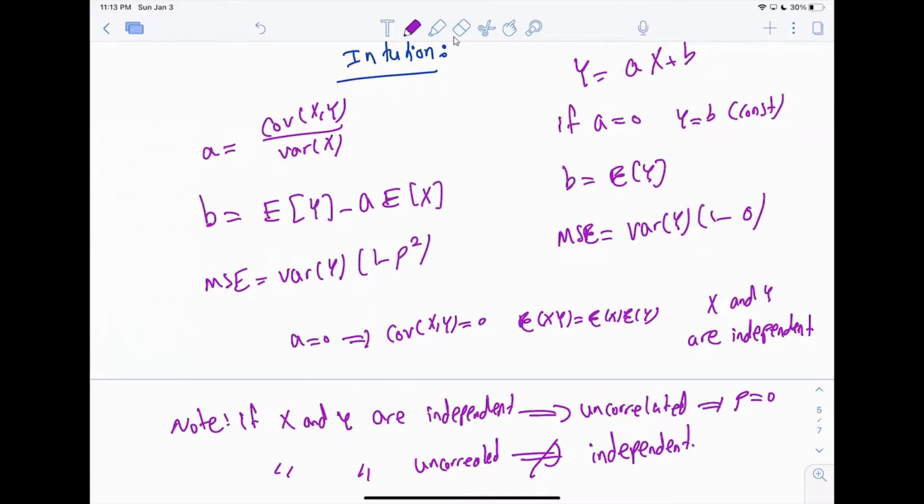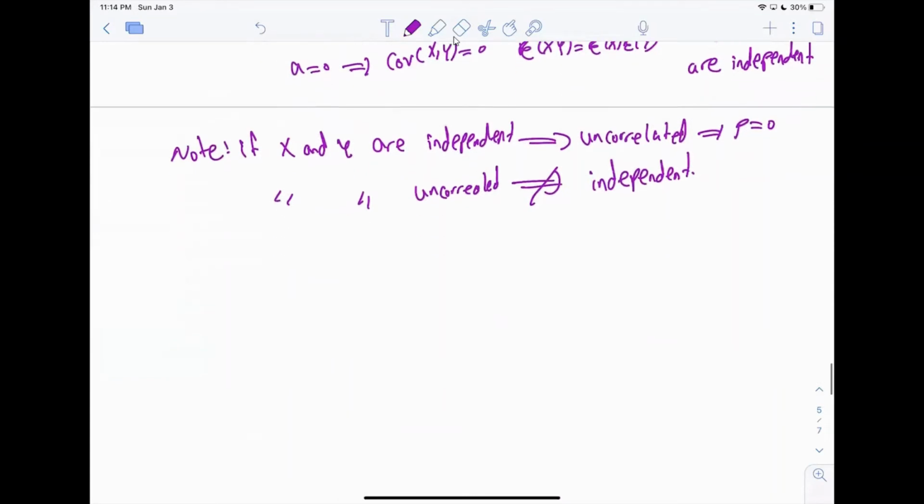We realized that the constant was the mean of that random variable. So this equation says the same thing. The constant, which is b, is equal to the mean of that random variable, and the MSE is equal to the variance of that random variable. Okay, good. So that's the first case. It completely matches our intuition.